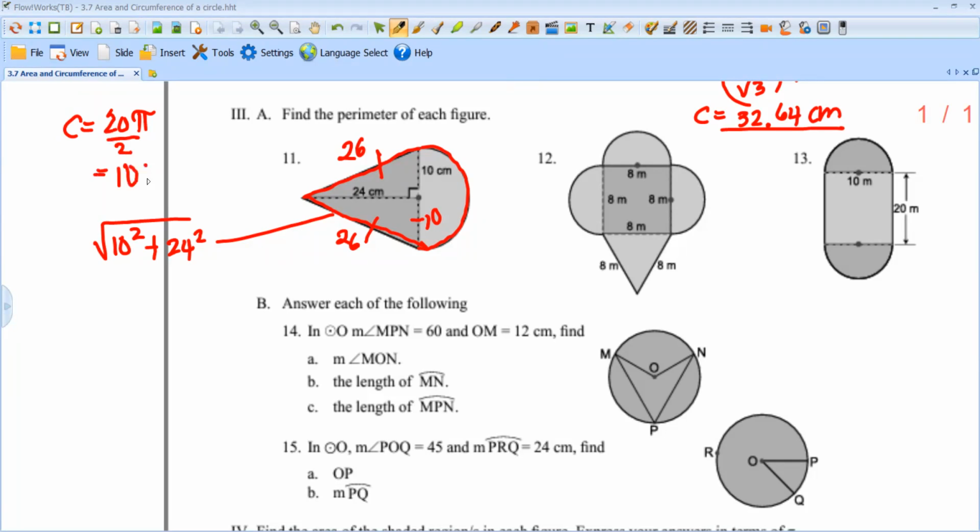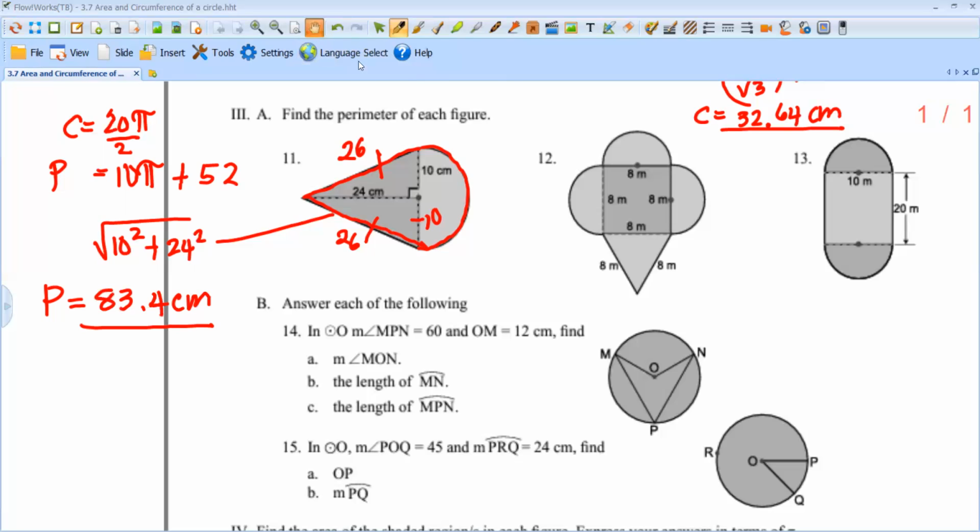So it is 10 pi. So 10 pi plus 52. That is the total perimeter. Okay. So therefore, perimeter is equal to 10 pi plus 52, which is equal to 83.4 centimeters. Okay. We only need the outside part.